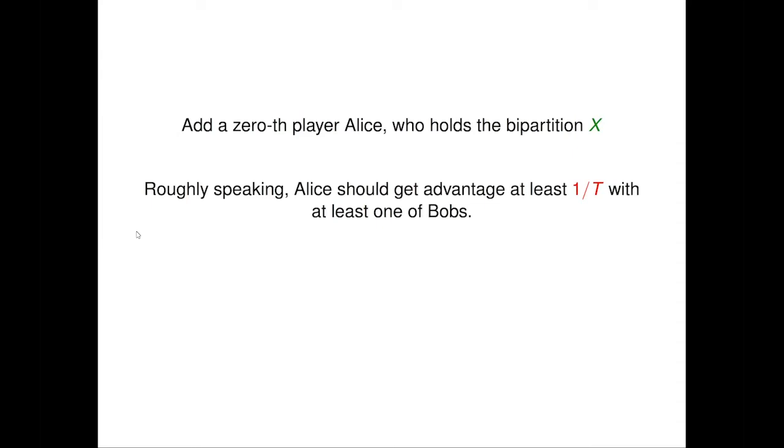In our implicit hidden partition problem, there are capital T copies of Bob, and there's no Alice, but one can add Alice, who speaks first, and then note that essentially Alice needs to get advantage at least 1 over the number of Bobs in one of these problems, and hence by standard Boolean hidden matching analysis, a square root n over poly T communication lower bound follows.